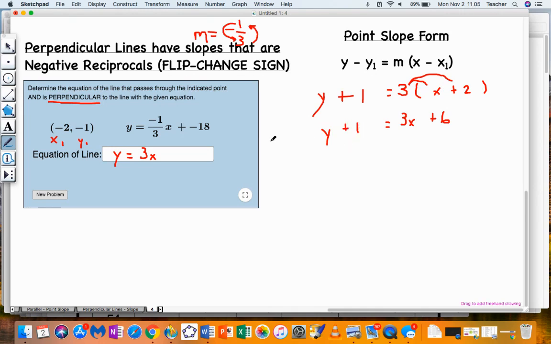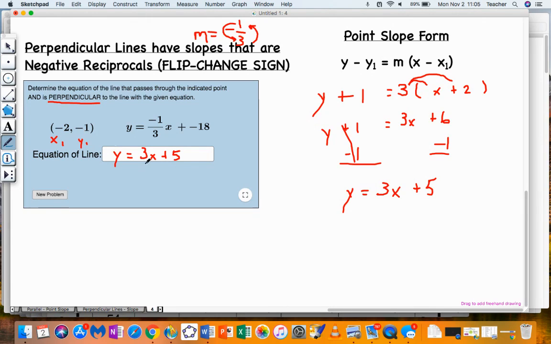And to get y by itself, because of the slope-intercept form, we subtract 1. That cancels, that's 0. 3x, and then I got 6 minus 1, that would be 5. So that is the equation that is perpendicular to the original and runs through -2, -1.